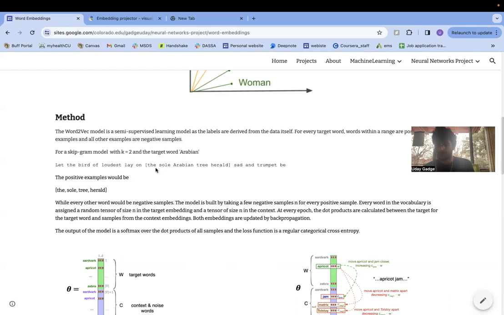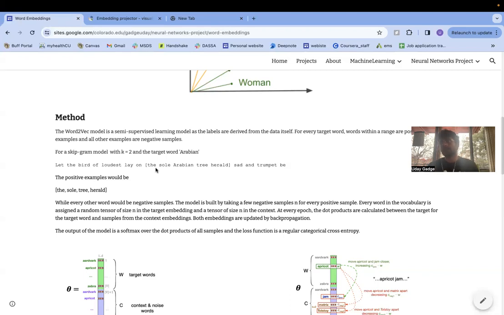Both are of the same size. In both target and context word spaces, each word is represented by a vector of a certain size.